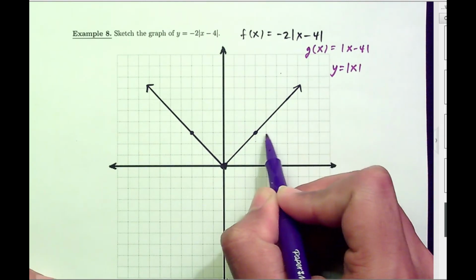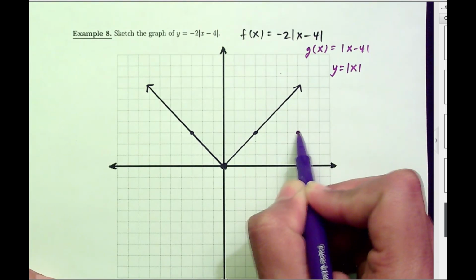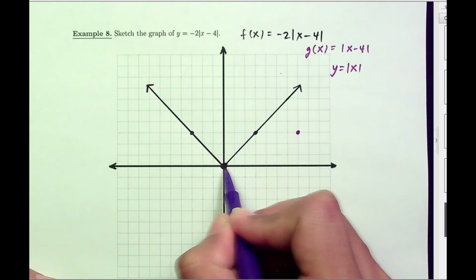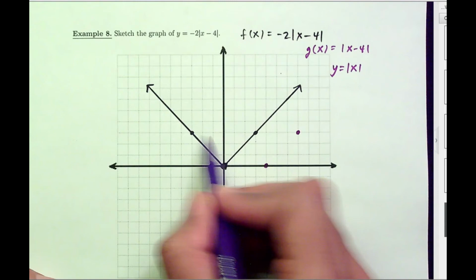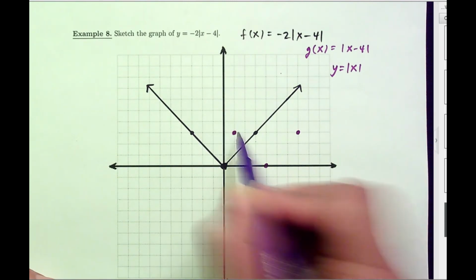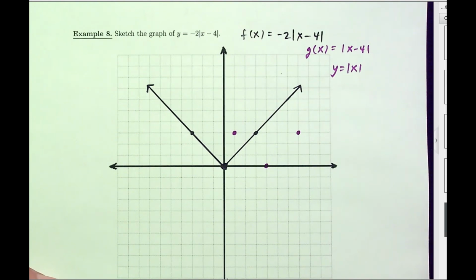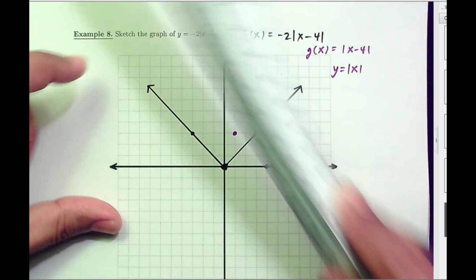So 1, 2, 3, 4. And that is the graph of absolute value of x minus 4.